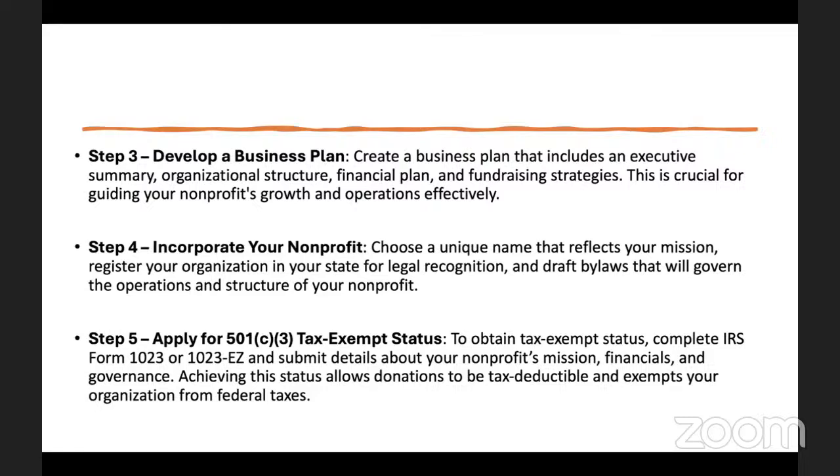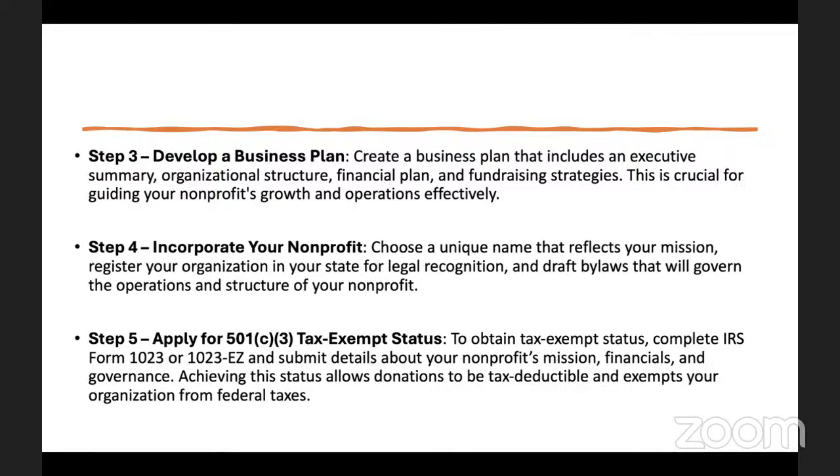Choose a unique name that reflects your mission. Register your organization in your state for legal recognition and draft bylaws that will govern the operation and structure of your nonprofit.